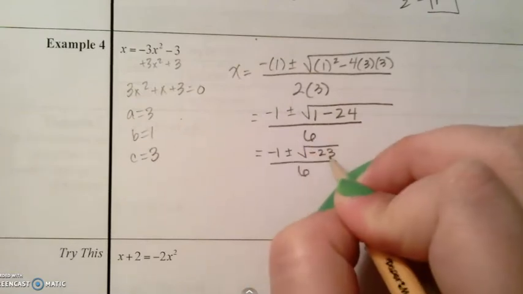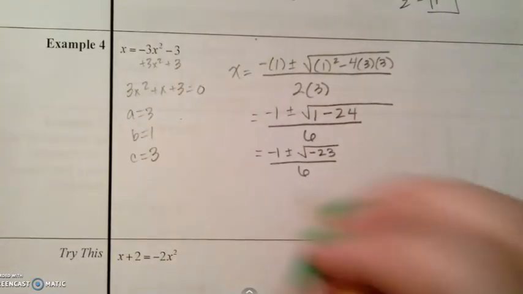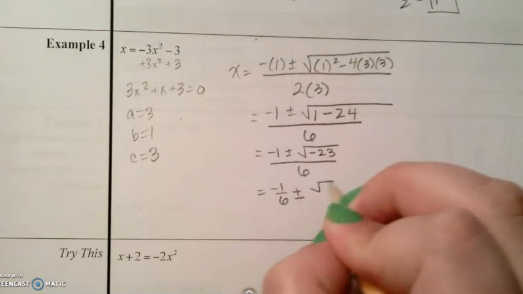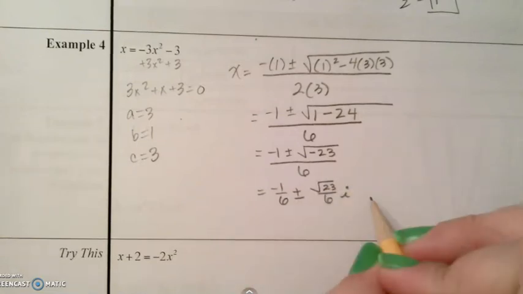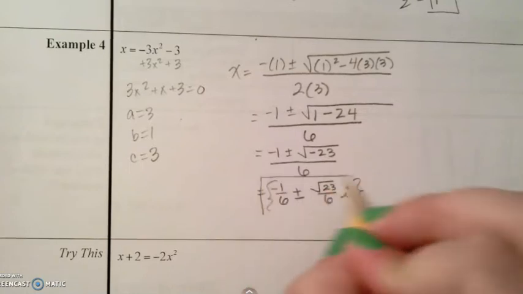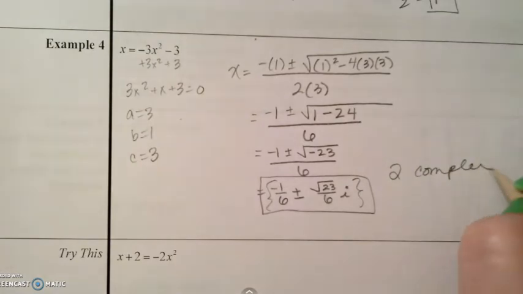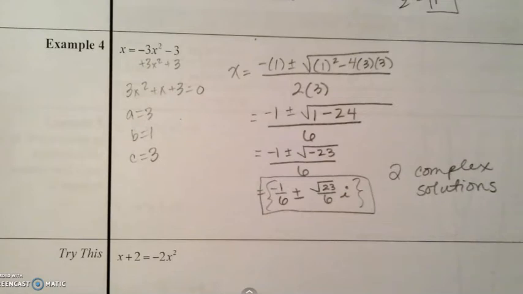Negative inside of a radical tells me this is going to be a complex non-real number. So I can write this as negative 1/6 plus or minus the square root of 23 over 6i. Square root of 23 doesn't simplify, so that will be our answer. Notice how this is two complex solutions. And they are complex because the inside of our radical was negative.